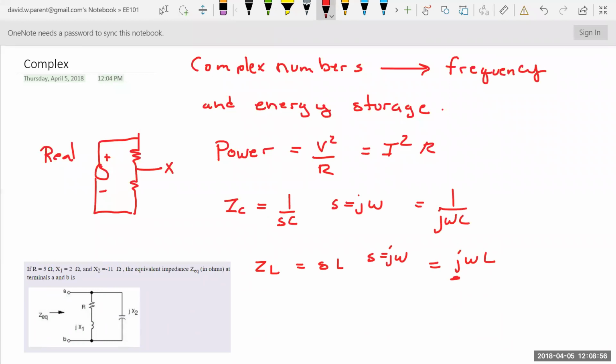So that imaginary component comes with the frequency component, right? Now all of a sudden frequency is in there, right? And because it's imaginary, right, or we're storing energy, there's no power dissipation.